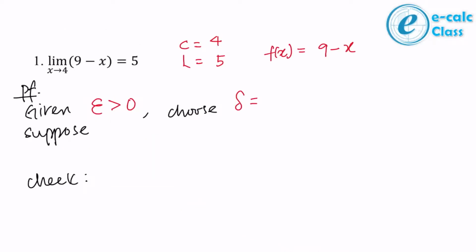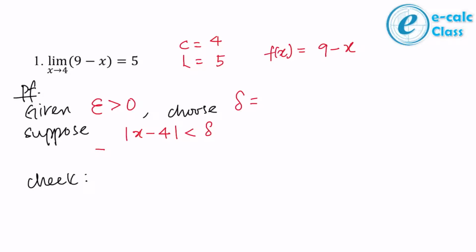So you just write here the absolute value of x minus c, who is your c? 4, is in between 0 and delta. For now I will omit the 0 because we know that our delta is actually greater than 0. The reason I omit 0 is because I want to further manipulate this inequality.